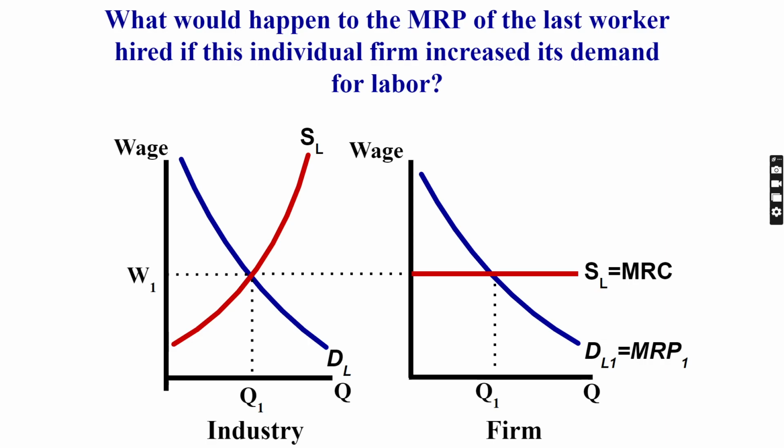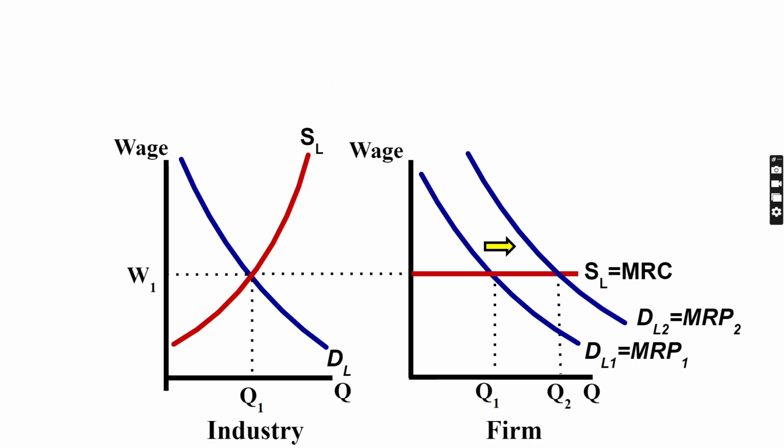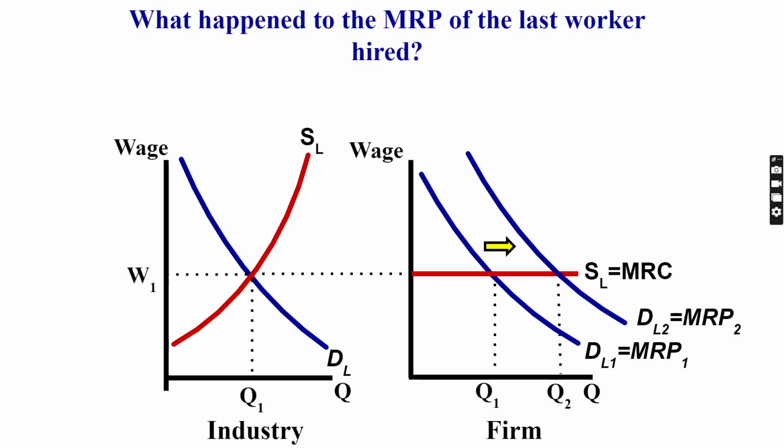Okay, so remember, there's no change in this example to the actual labor market or the industry, but the firm is going to be increasing its demand for labor, and so we're going to show this with a new demand curve where the firm's demand curve or marginal revenue product increases and shifts to the right. However, remember that the firm in a perfectly competitive factor market is a wage taker.